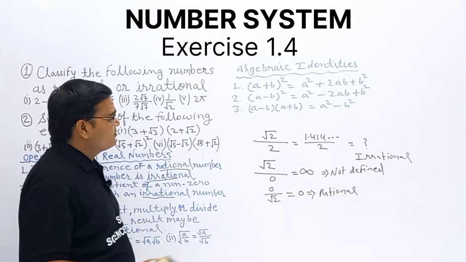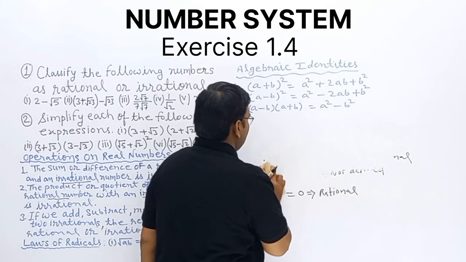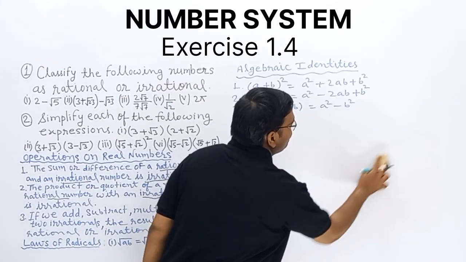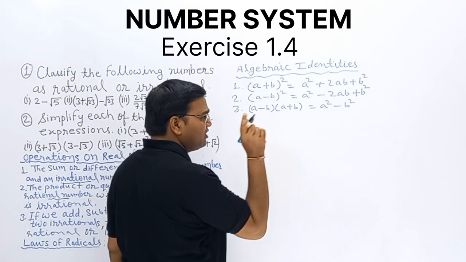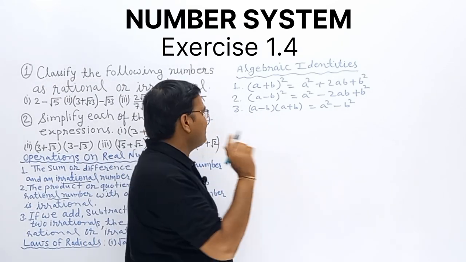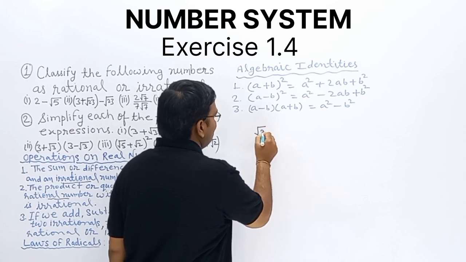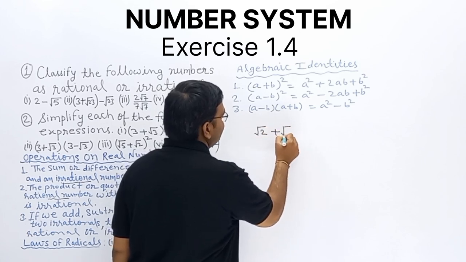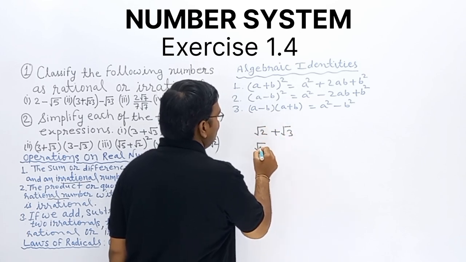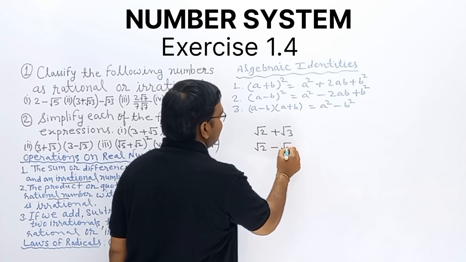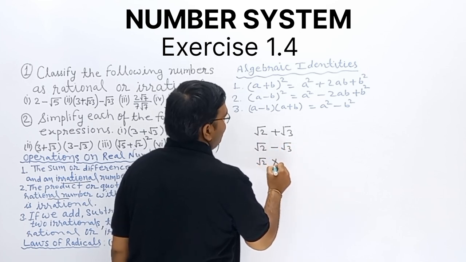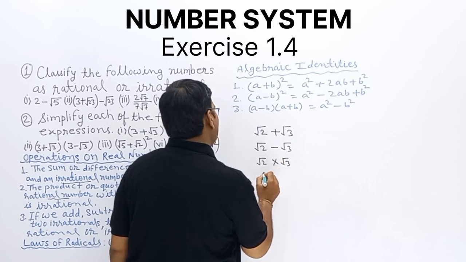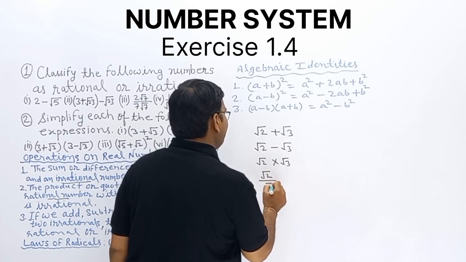Now I am taking some examples. Now I will take irrational numbers: root 2 plus root 3, root 2 minus root 3, root 2 into root 3, root 2 divided by root 3.